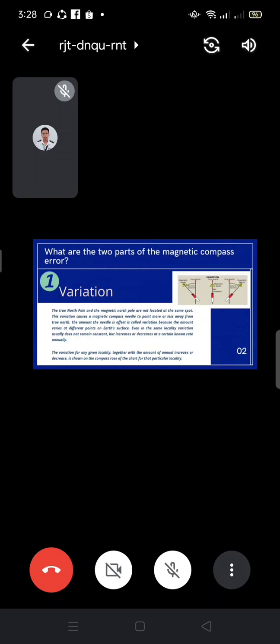Variation. Variation occurs because the true North Pole and the magnetic North Pole are not located at the same spot. This variation causes the magnetic compass needle to point more or less away from true north. The amount the needle is offset is called variation because the amount varies at different points on the Earth's surface.